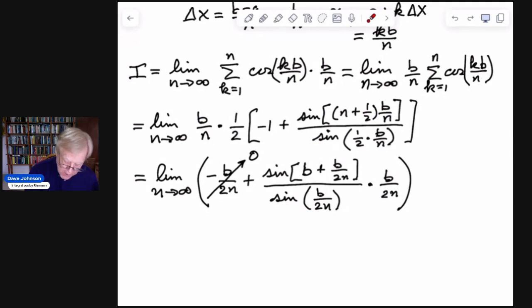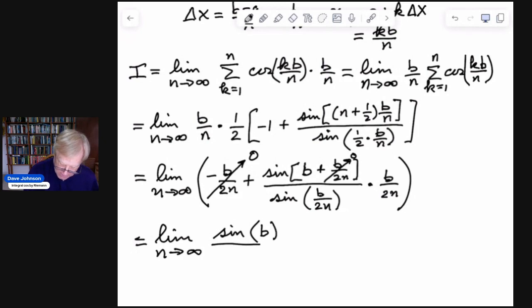So the easy way to do this is going to be to write this as, so limit as n goes to infinity, and I'm not going to write that 0. So we get sine of b plus, I'm going to go ahead and say this goes to 0 as well.